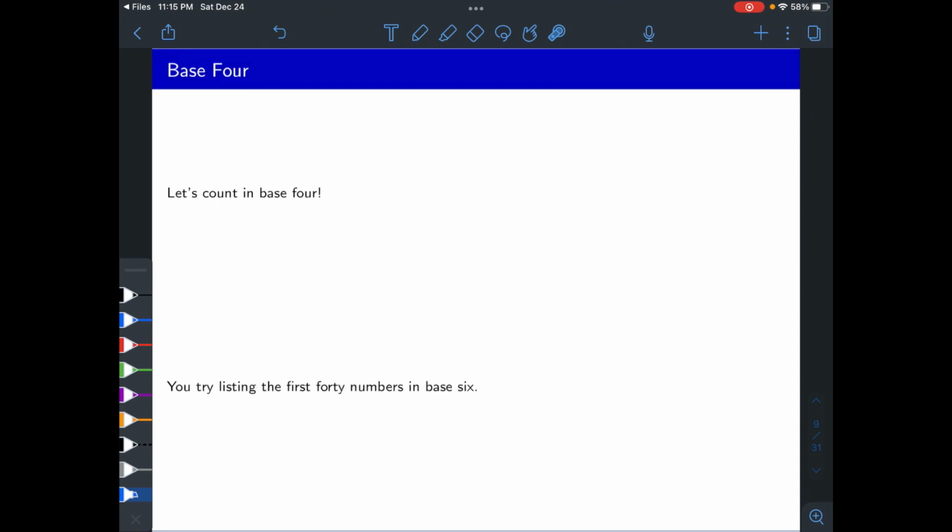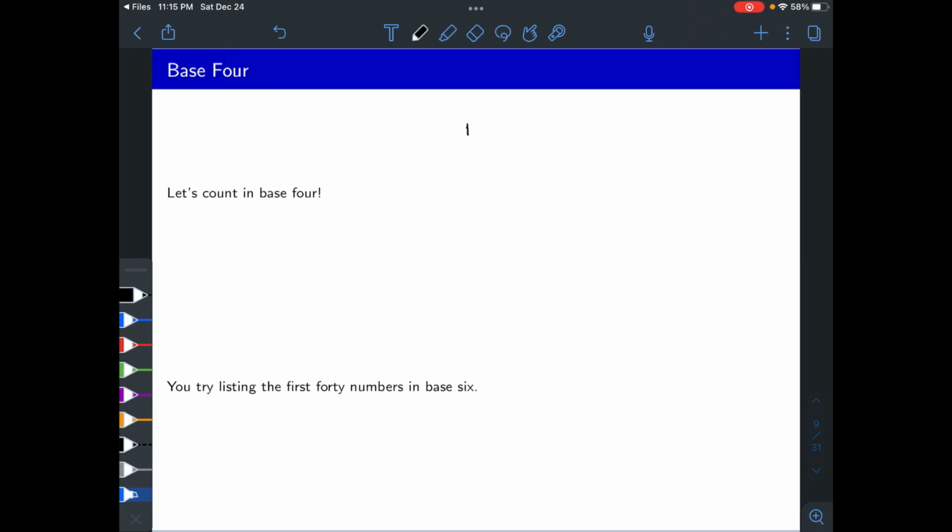Maybe try and list the first 40 numbers or so in base 6. See if you can count up that high. So I'll give you a couple seconds to pause and then we can go over. All right. So depending on whether you start at 1 or 0, it's technically going to change how high you count.